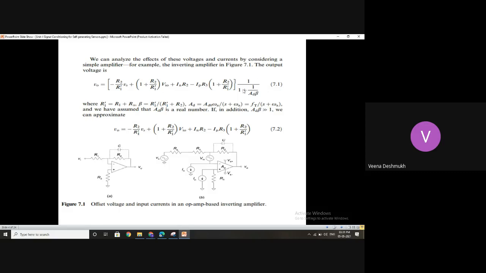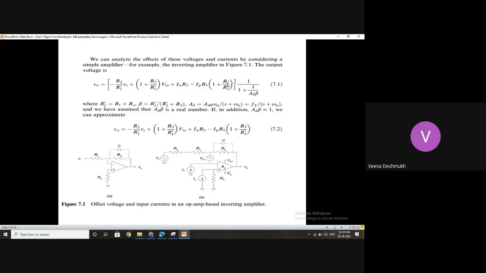So 1 divided by 1 plus 0.0001 is nearly equal to 1. So this factor 1 divided by 1 plus 1 divided by AD into beta is nearly equal to 1.